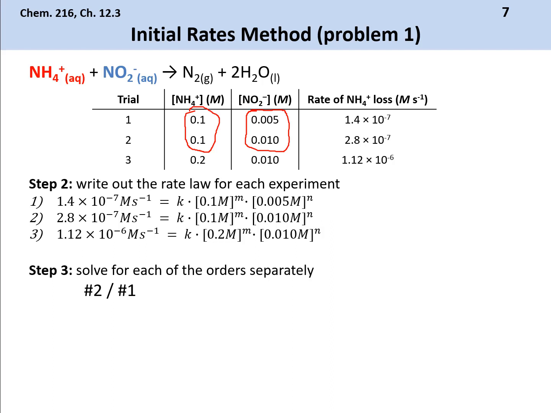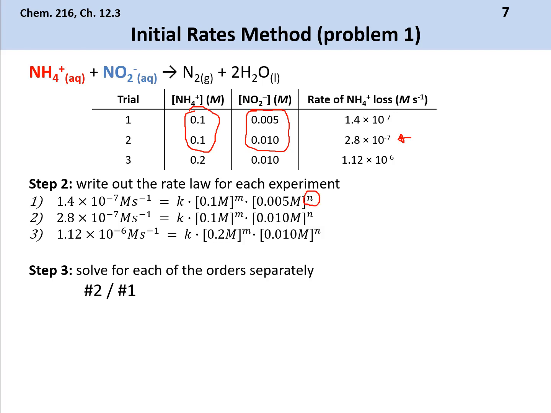So this change in rate is due only to the fact that I'm changing the NO2-. So I'm going to set up an equation where I take the second trial and divide by the first trial. This is going to allow me to find the value for n.